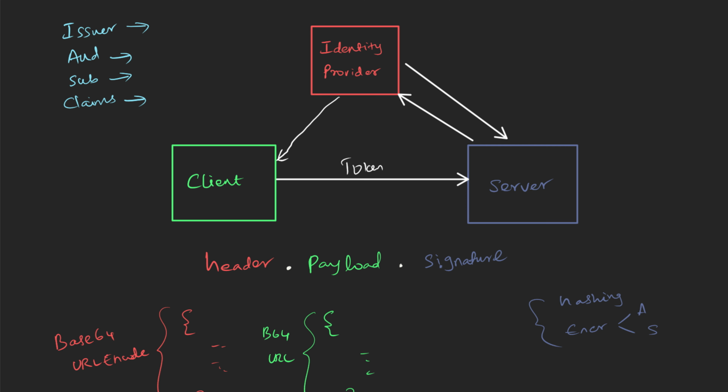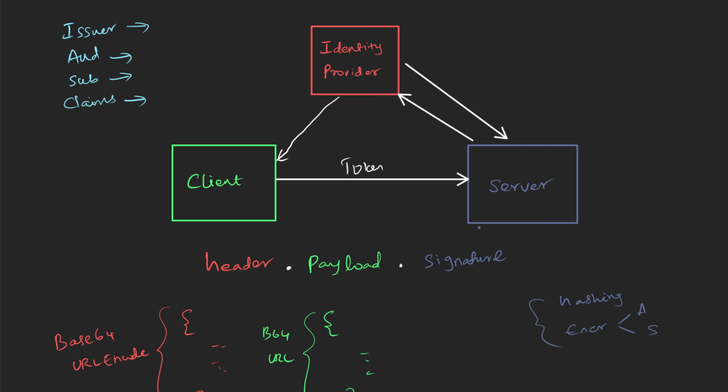If they match, then it can be sure that the message is not tampered with, and also that this token has come from this identity provider, because this is the only identity provider which has access to this private key. Simply because this was signed using this particular private key, we can be sure that this is coming from this identity provider. Now the server doesn't need to go to the identity provider for the verification.